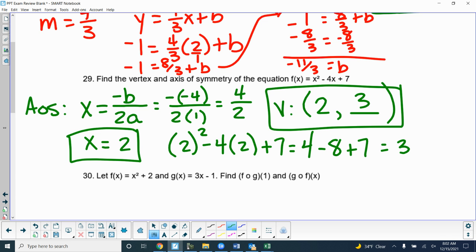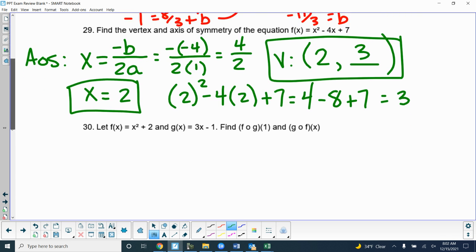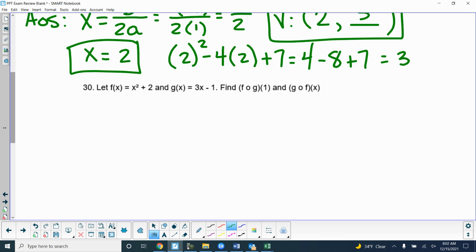All right. The last one is like a problem from our last quiz, right? We are doing the composition of functions. There's 2 problems here. So we got f circle g, or f of g, of 1. All right, what do we do first? F of 1 or g of 1? Yeah, the second one, right? G of 1.